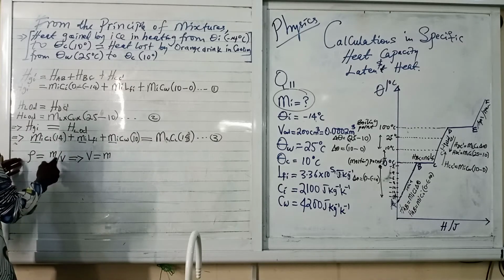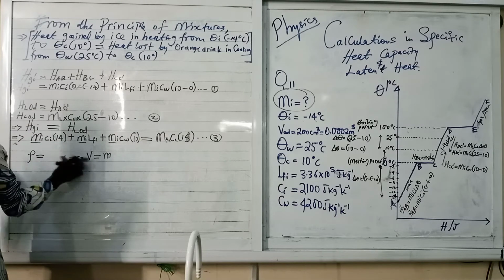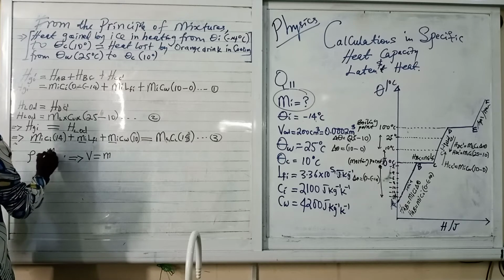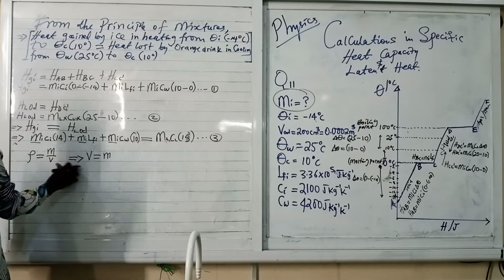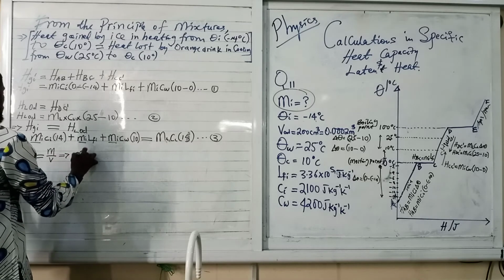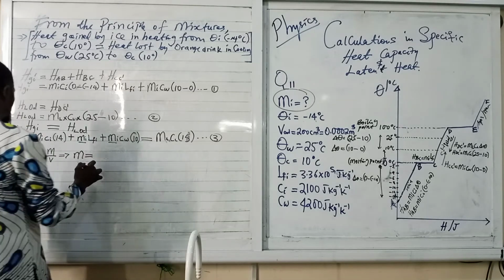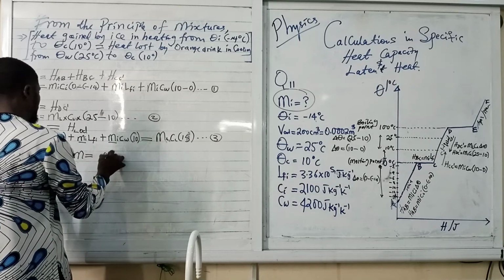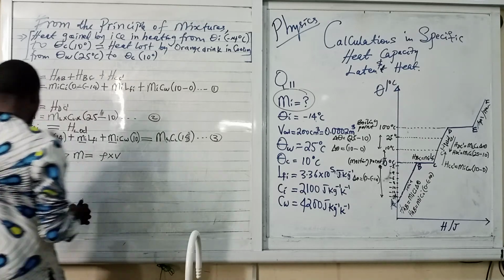Density is mass over volume. Density is mass divided by volume. And this implies that mass is equal to what? Density times volume.